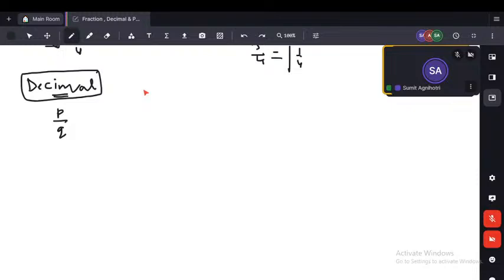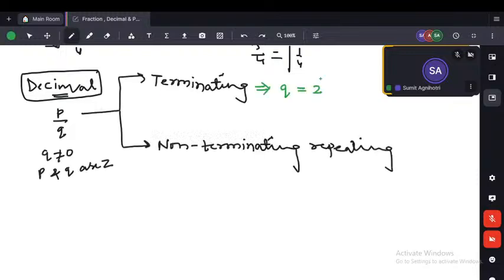Generally rational numbers have these two types of decimal, and a fraction is in fact a rational number, where q should not be 0 and p and q are integers. Do you know that? A terminating decimal is when q is of the form 2 raised to the power m, 5 raised to the power n, where m and n are whole numbers. And in the case of non-terminating, your q will not be of this form.